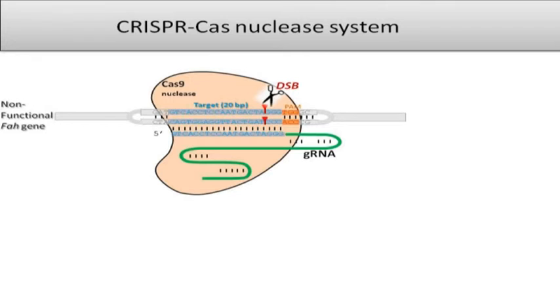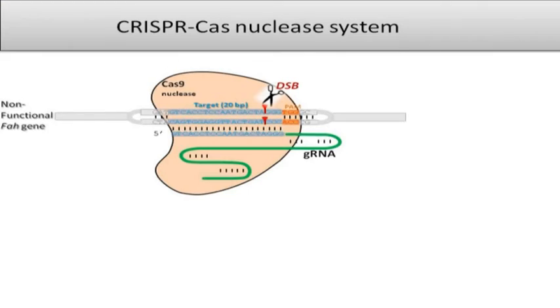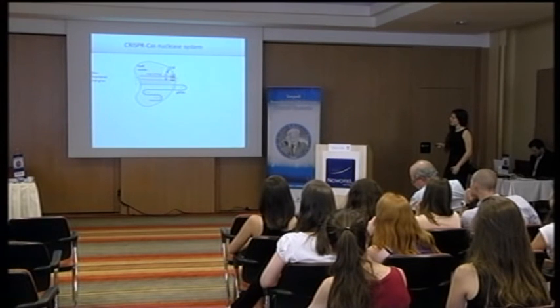This CRISPR-Cas9 system contains a Cas9 nuclease which forms a complex with CRISPR RNA and a trans-activating CRISPR RNA duplex. This complex is able to bind to a specific 20 base pair long target region and create a double-strand break in it.